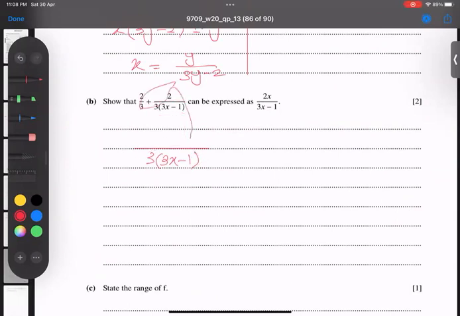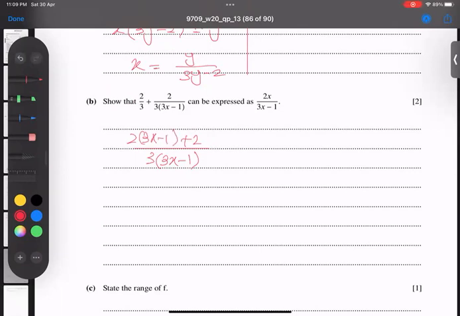So plus 2 copy up. But does this fully match? No, not match. So 3 is present, but 3x minus 1 is not present. So here up and down multiply with this value, 3x minus 1 up multiply and down here divide. That matches, so it becomes 2 times 2, 3x minus 1.